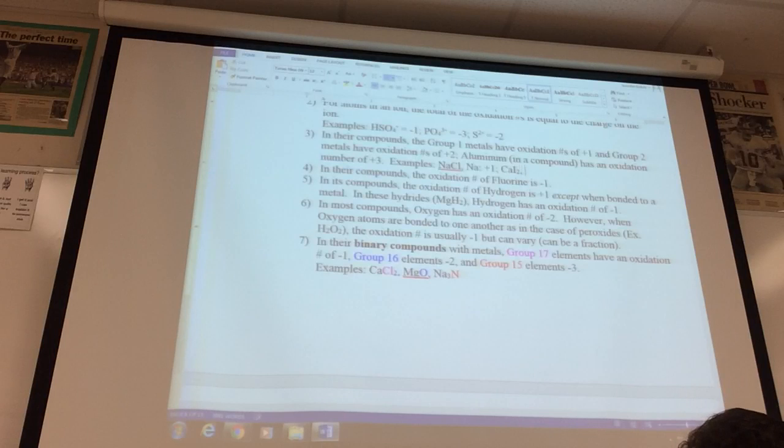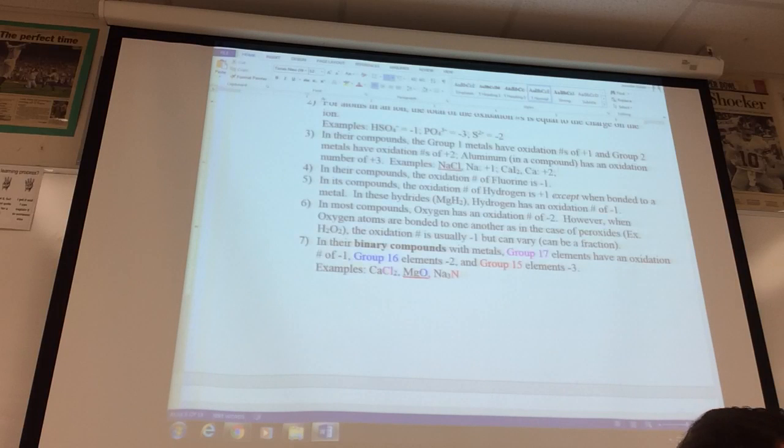What would the oxidation number of calcium be? +2, because it's in group 2. And this is only in a compound form. If you had calcium all by its lonesome, what would its oxidation number be? 0. Those are those free elements.